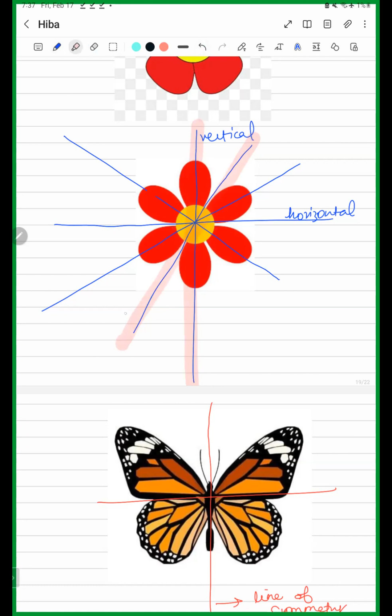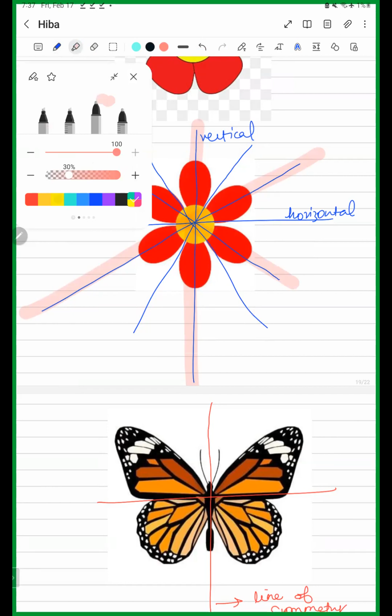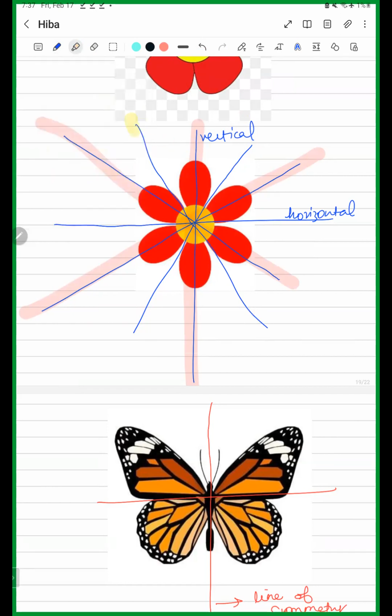Apart from that, the line going between two petals will also be a line of symmetry. So how many are there in total? 1, 2, 3, 4, 5 and 6. 6 lines of symmetry in total. Did you understand? Okay.